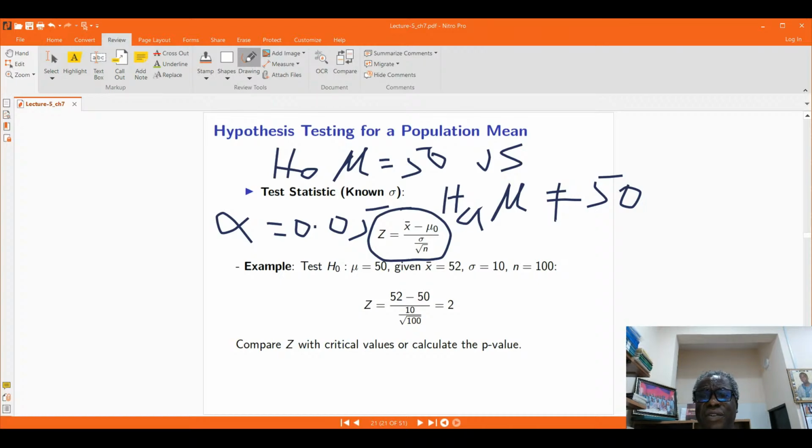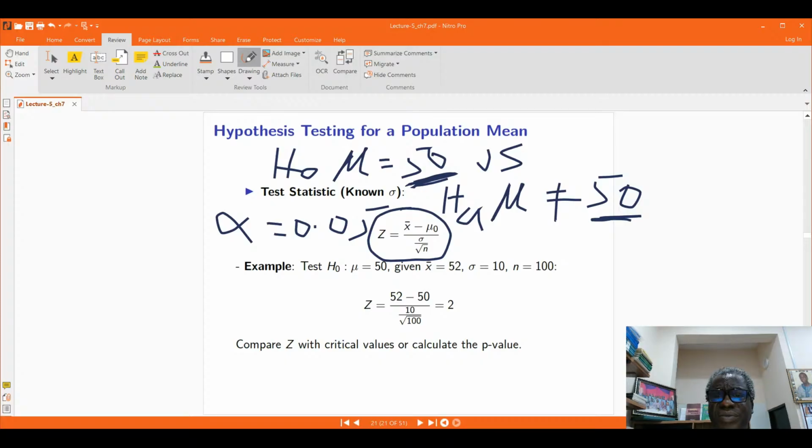The formula for the z statistic is given as what you have there: the sample mean minus mu naught. Mu naught is the hypothesized value. In this case, it is 50. That's the value that is claimed.